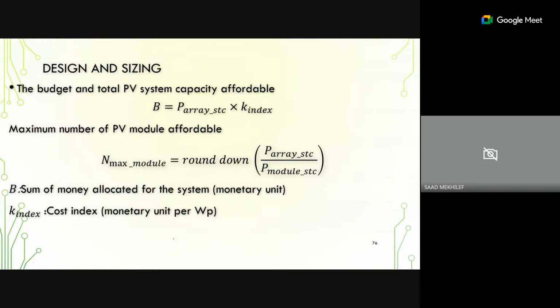So in the design, we always look into the budget and the total PV. This is also very, very important, because we cannot just design a very expensive system. Okay.